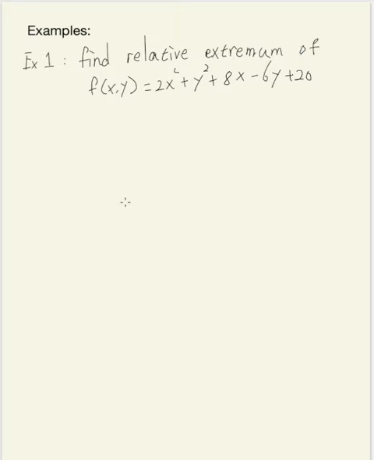All right. So the first step, if you want to apply the first partial rule, is to compute the partial derivatives. So the partial derivative with respect to x is 4x plus 8, and the partial derivative with respect to y is 2y minus 6.